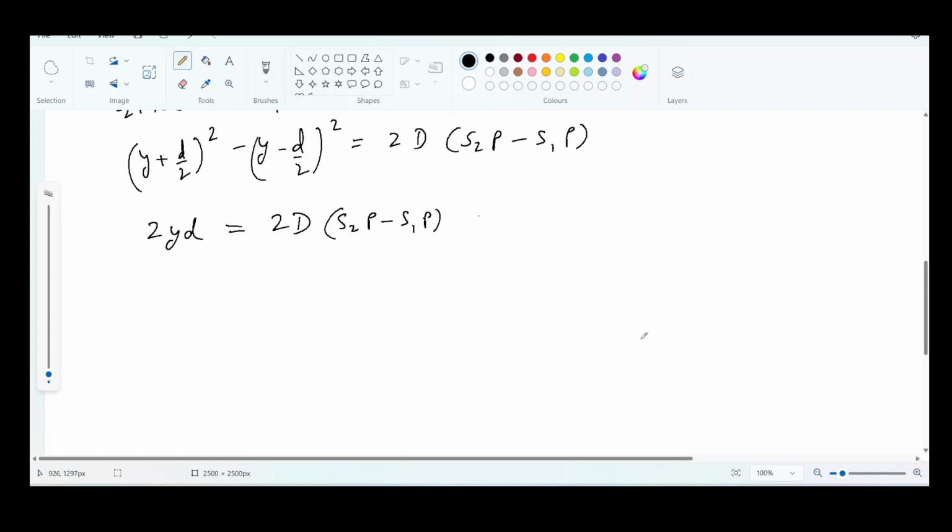This gives us S2p minus S1p is equal to 2yd divided by 2d. Therefore, S2p minus S1p is equal to yd by D.